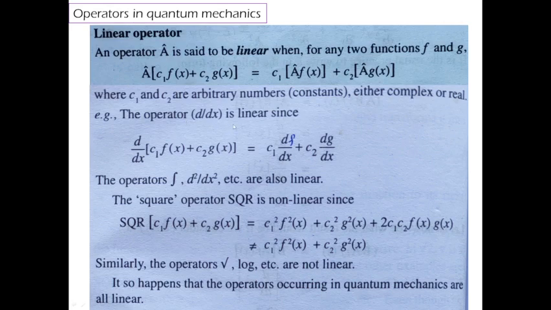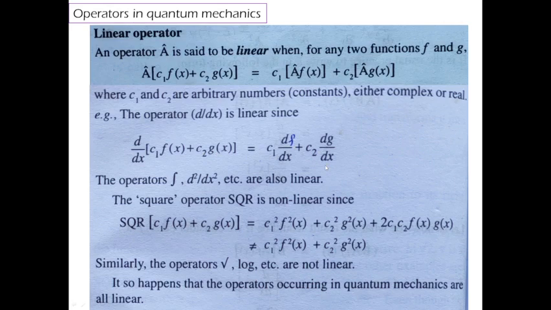The operator d by dx is linear. If it obeys this condition, d by dx of c1 f(x) plus c2 g(x), then here you are getting c1 times df by dx, since d by dx is acting on f(x), and d by dx acting on g(x) gives dg by dx.